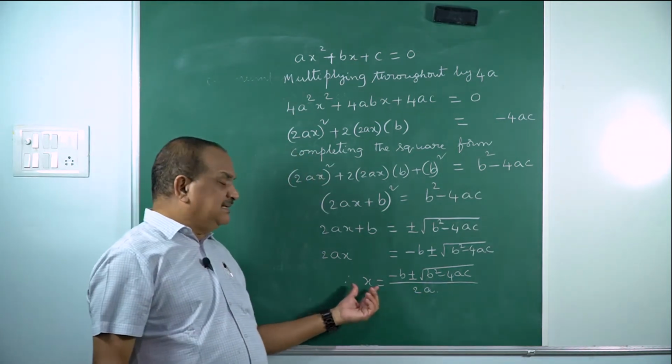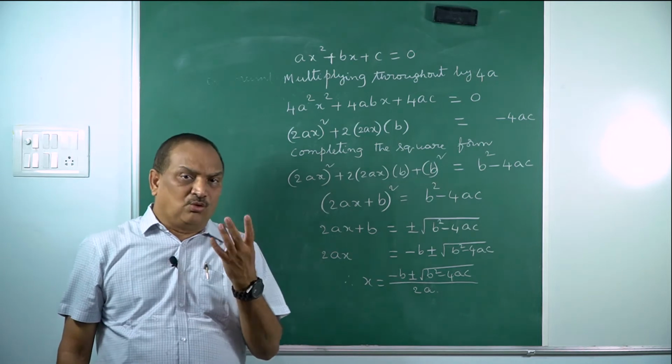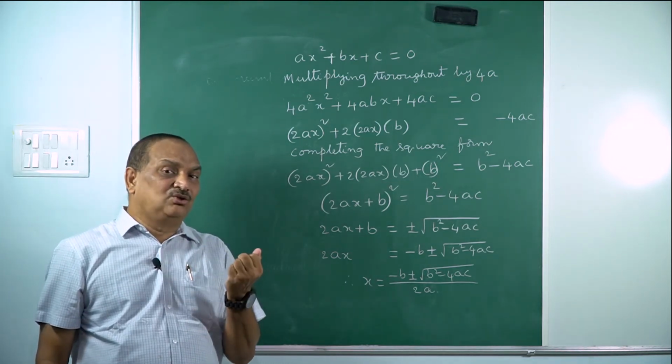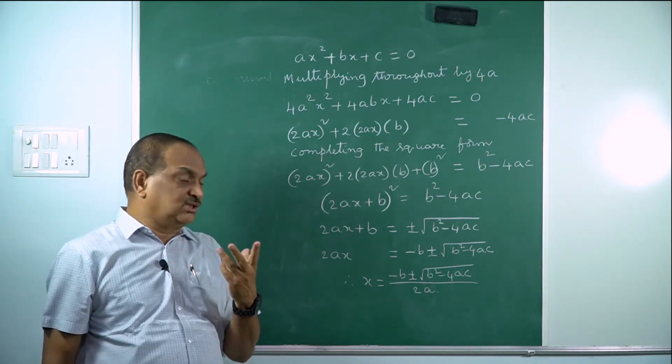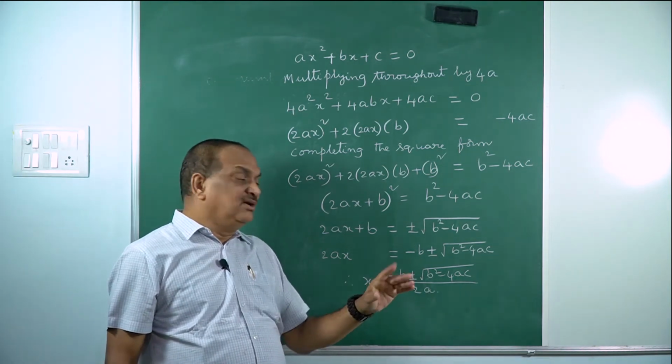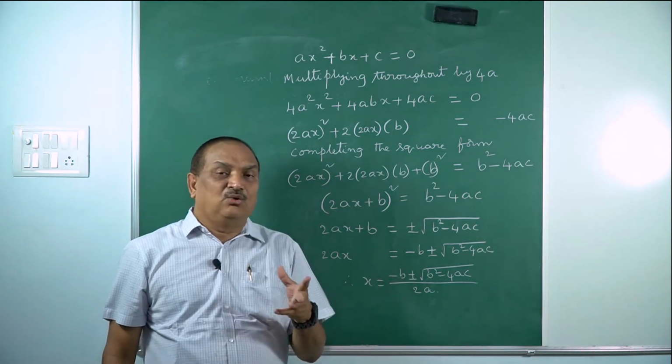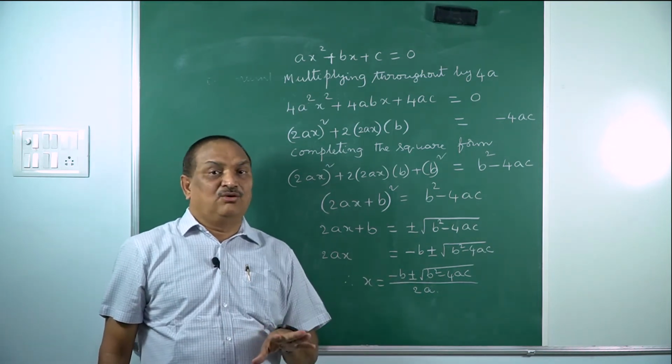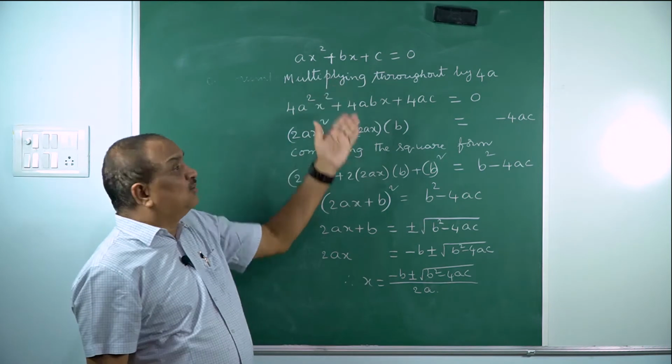So x value means it's the root. How many roots should you have? A quadratic equation has 2 roots. But how do you get 2 roots here? When you take plus, it is 1 root. When you take minus, it is another root. There will be 2 options for you, and therefore we have solved the quadratic equation.